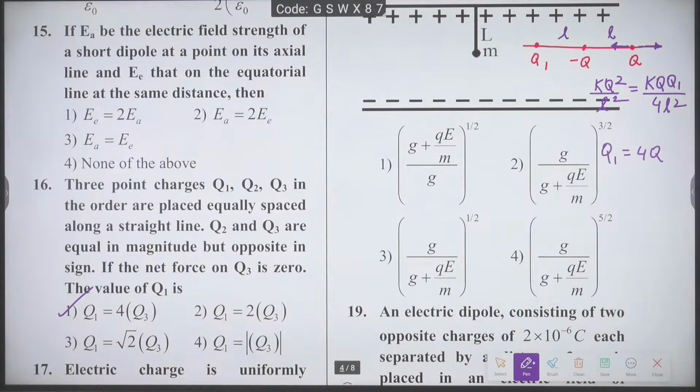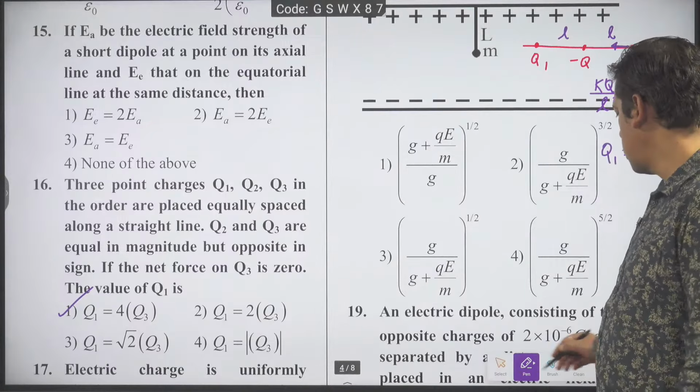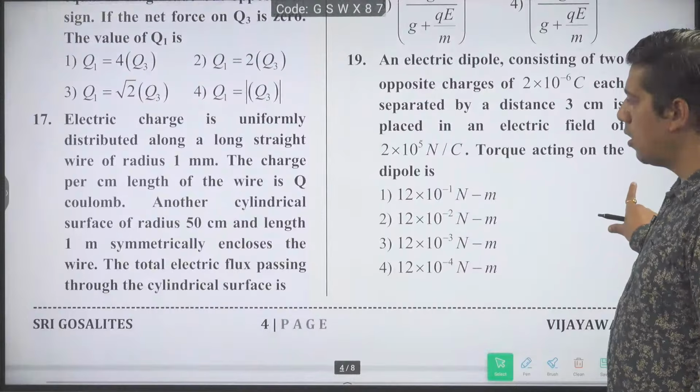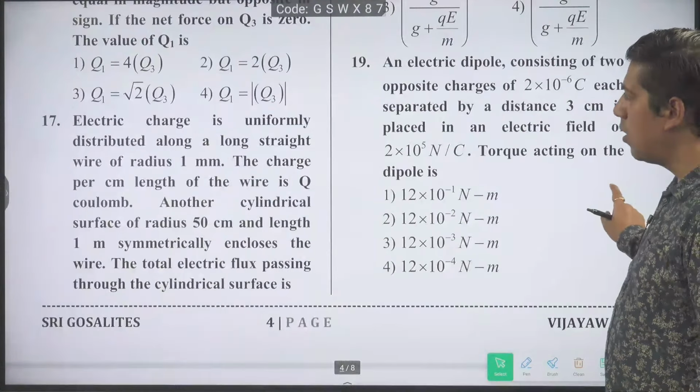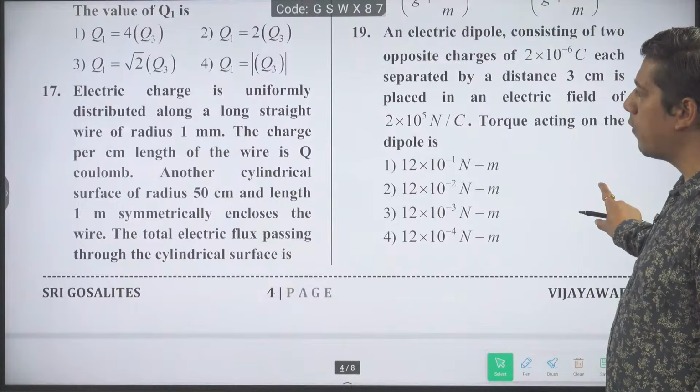Question number 17. Electric charge is uniformly distributed along a long straight wire of radius 1 mm.